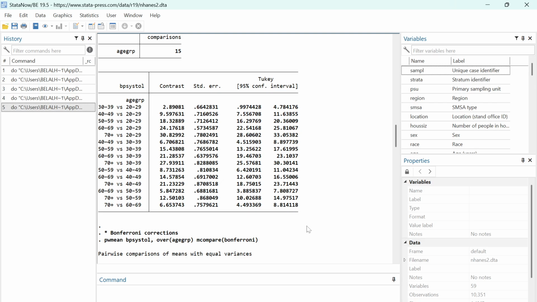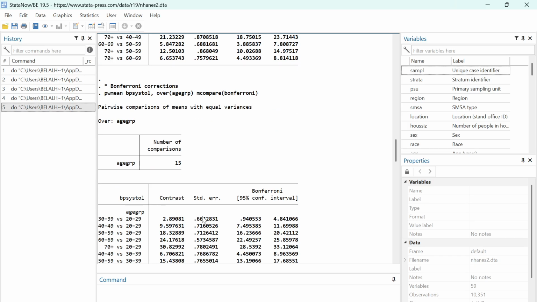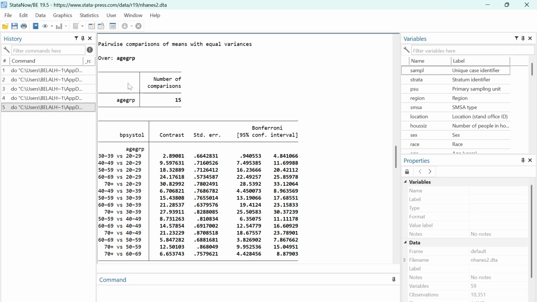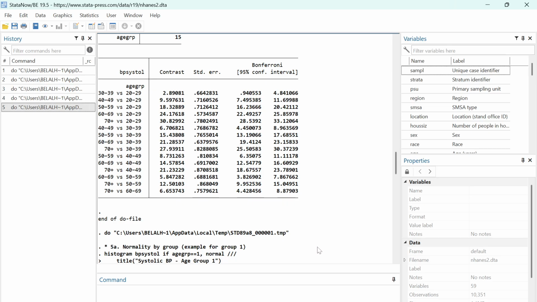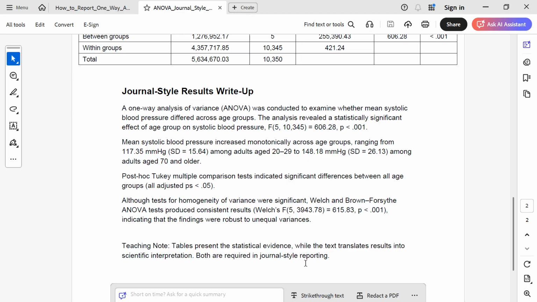So you have significant test results. All of these groups are significantly different from the comparison group, right? And also from the Bonferroni corrections, all groups are significantly different. So that's where the differences are.